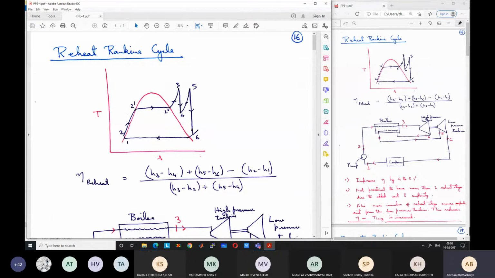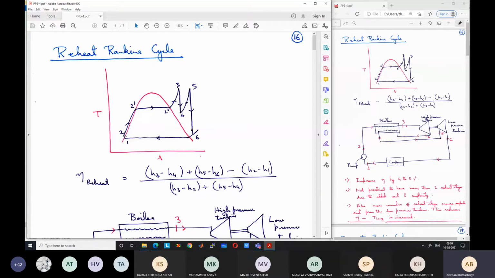Then from 2 to 3 is the heat addition in the boiler: 2 to 2 dash in the economizer, 2 dash to 2 double dash in the actual boiler, and 2 double dash to 3 in the superheater. But for studying the cycles, we can consider the entire process from 2 to 3 as the heat addition in the boiler. This is the high temperature heat addition.